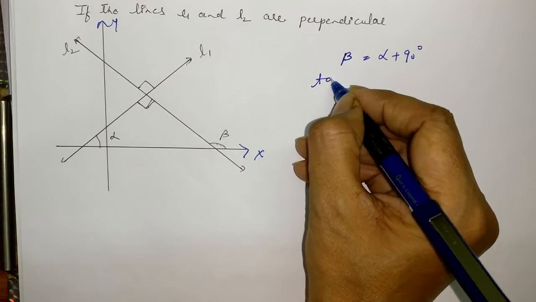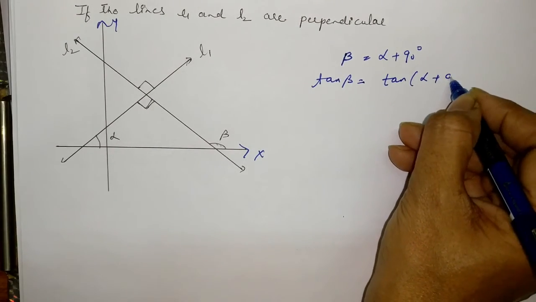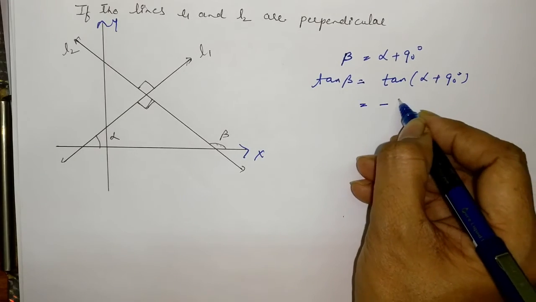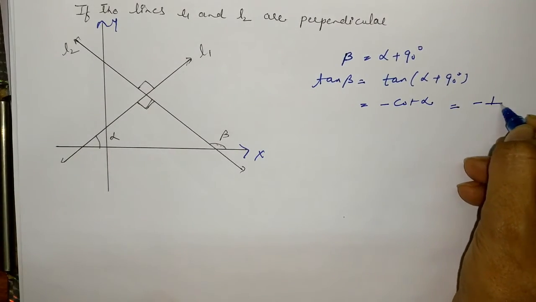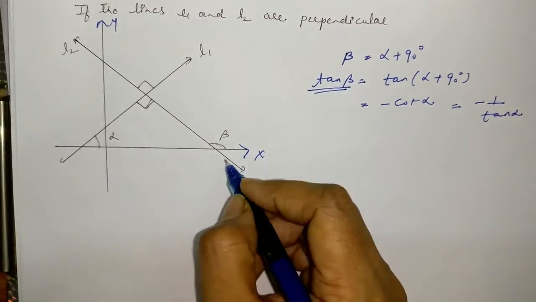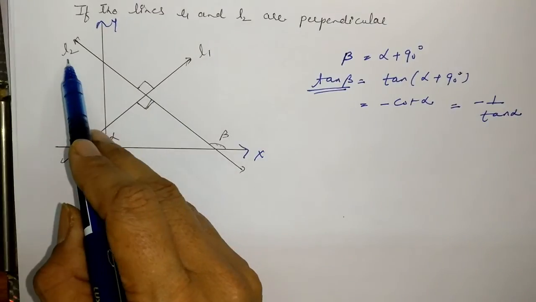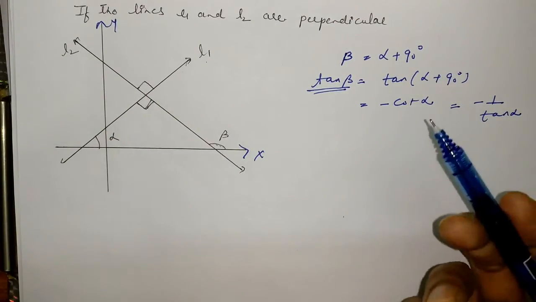So tan beta will be equal to tan of alpha plus 90, that is minus cot alpha. This is equal to minus 1 upon tan alpha. Now tan beta belongs to line L2 and tan alpha belongs to line L1.